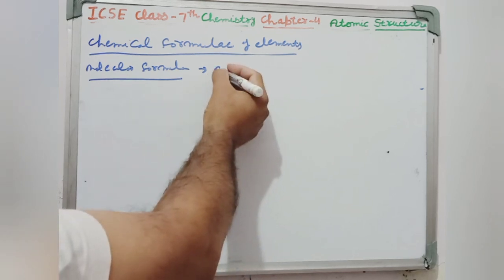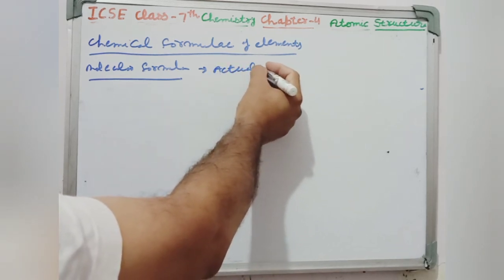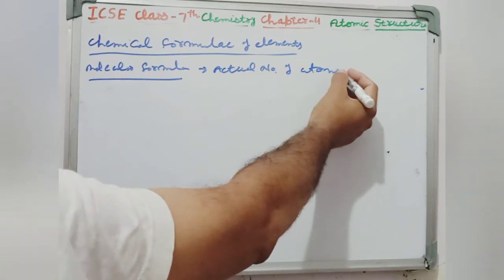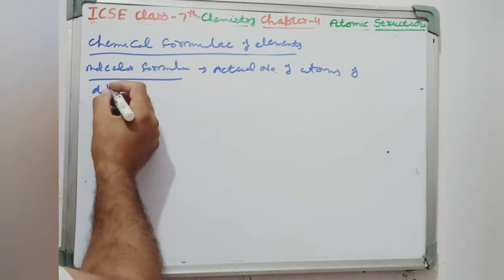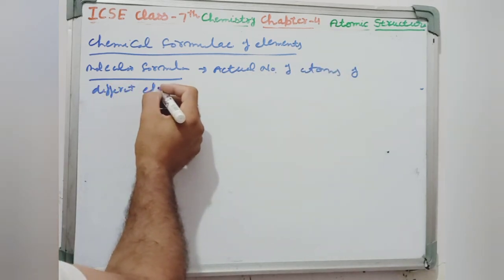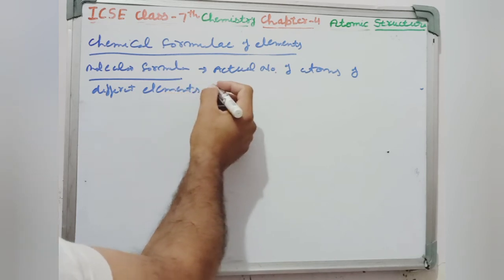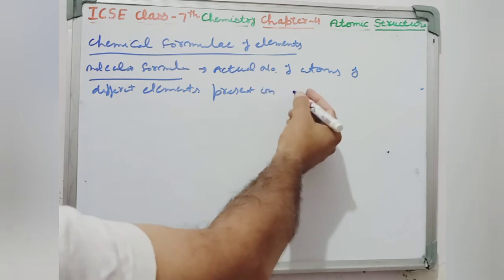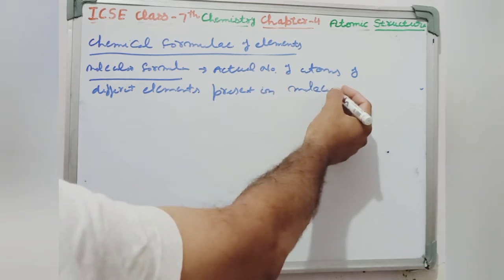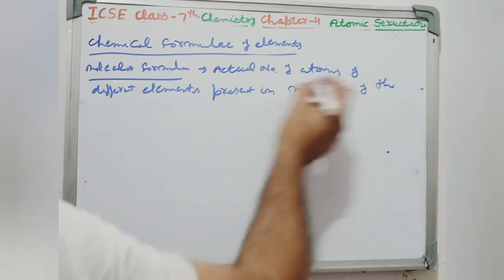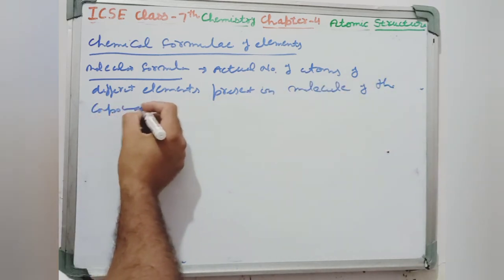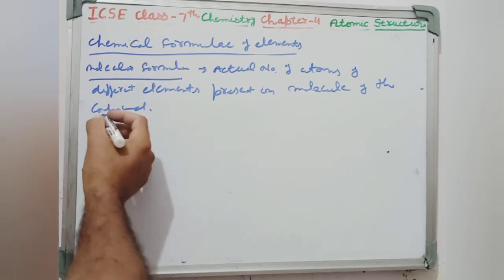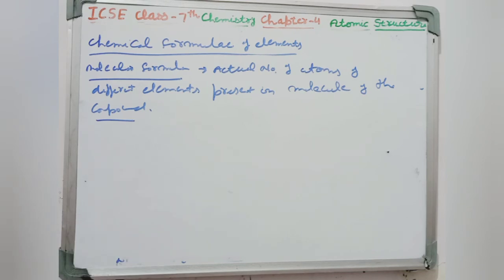It is the actual number of atoms of different elements present in a molecule of the compound, right? So a compound is made with different elements.